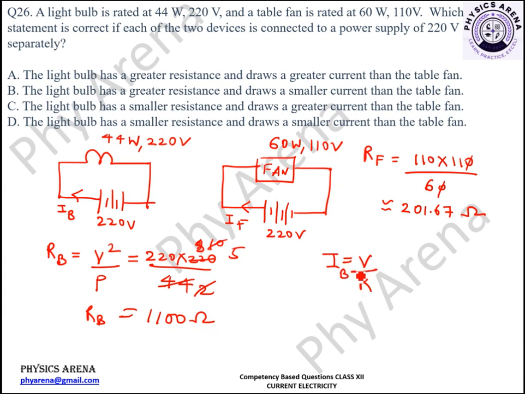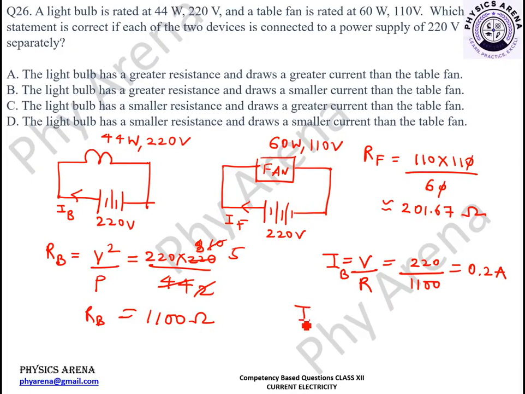So IB is equal to 220 divided by 1100, and when we solve it out, it is equal to 0.2 ampere.